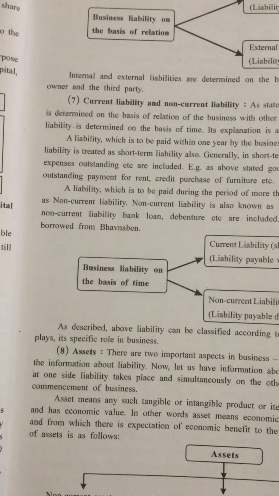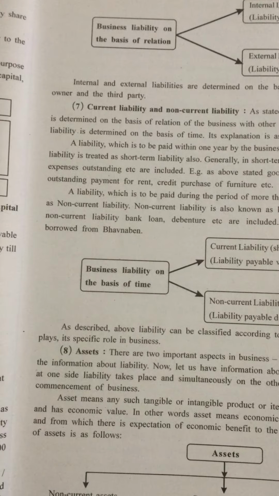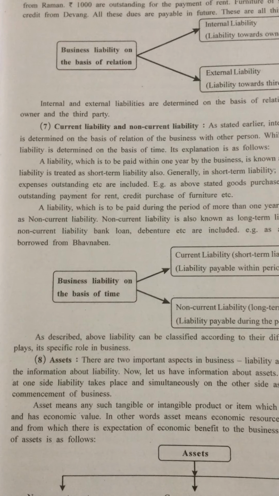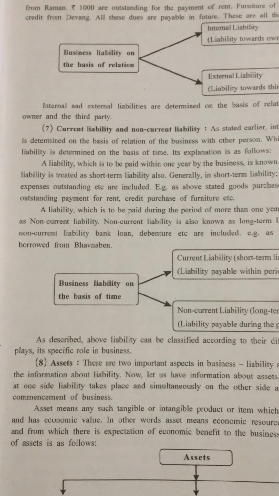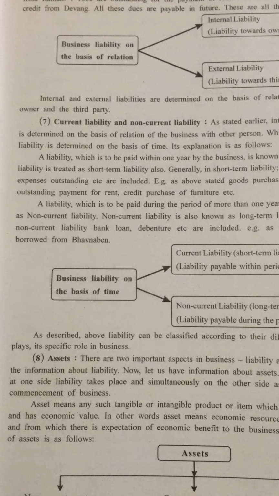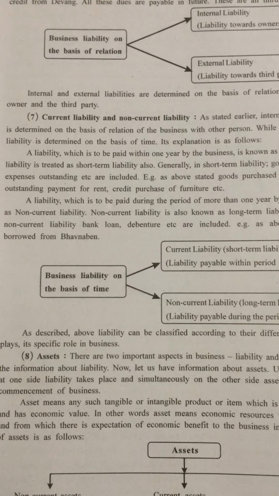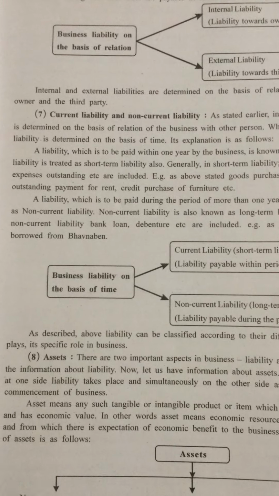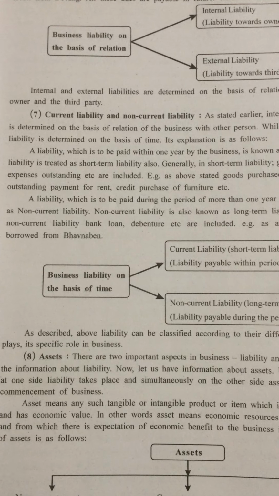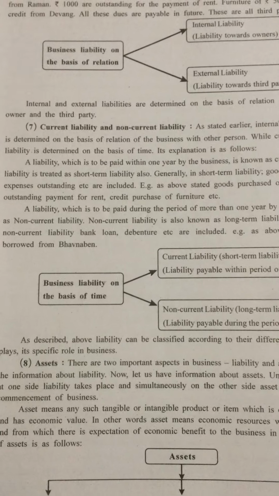So, in non-current liability, or long-term liability, the payment which is made during a period of more than 1 year is known as non-current liability. For example, bank loan and debentures are included.